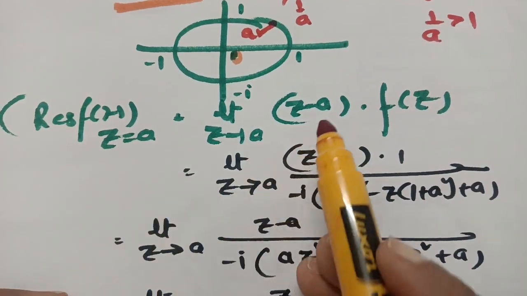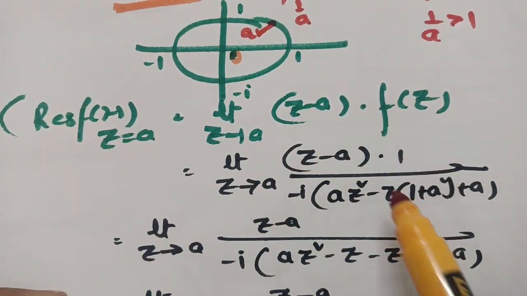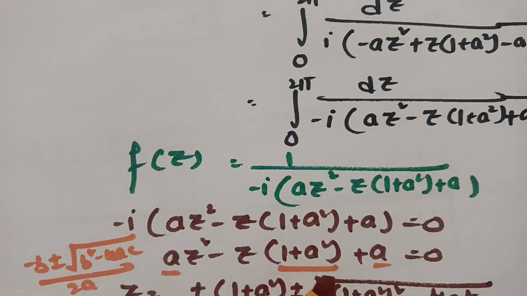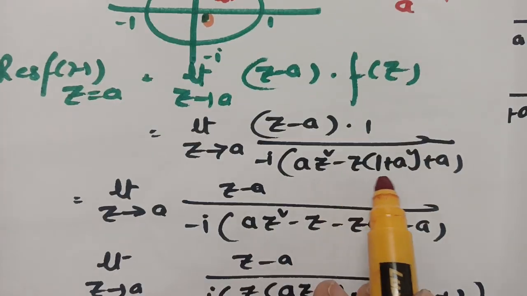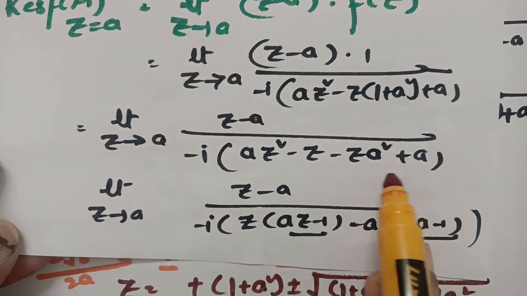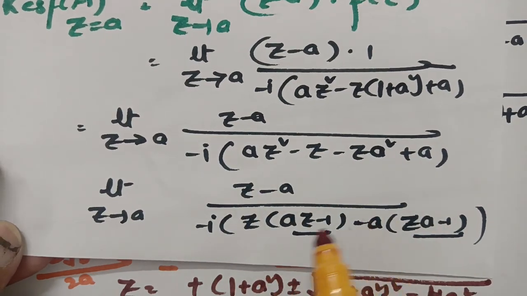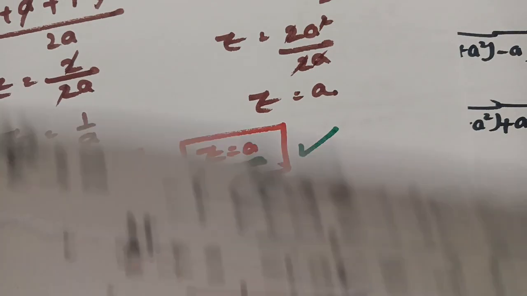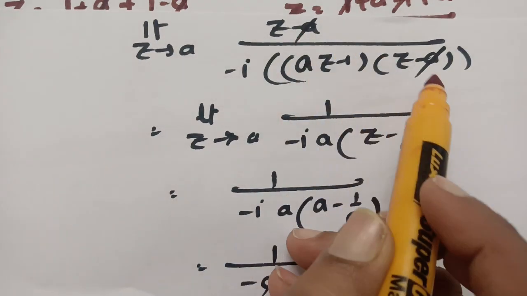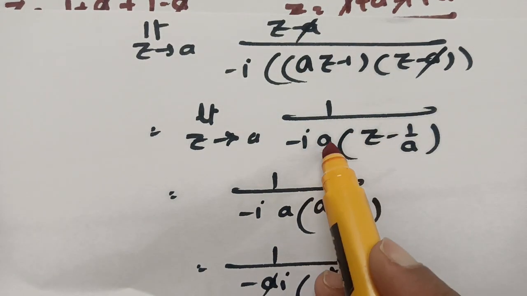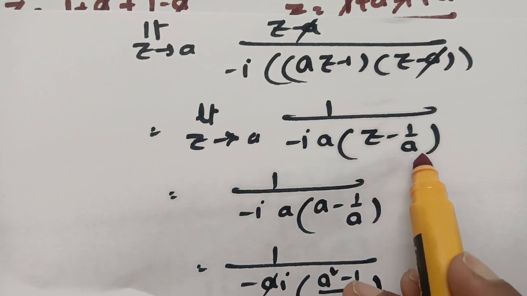So the residue value is nothing but z minus a into f of z. As we have f of z value ready here, after substituting f of z value and expanding here and taking az minus 1 common, we got az minus 1 into z minus a, and now I can easily cancel numerator and denominator, and after taking a common from this, z minus 1 by a.